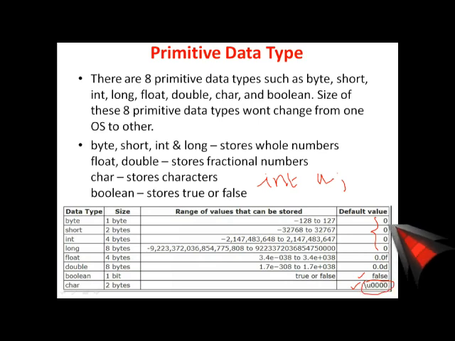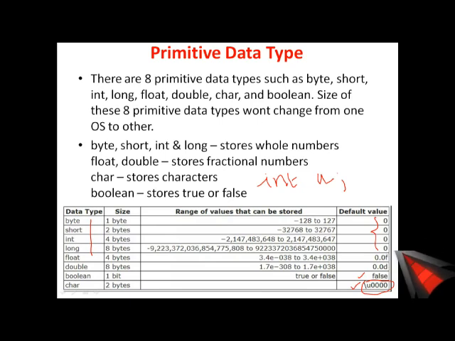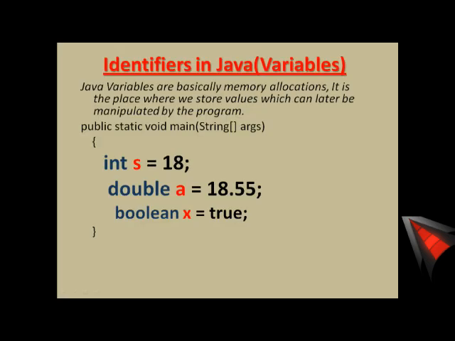Character has a default value of \u0000, that's a hexacode. And numerical values byte, short, int and long all have 0. Same as double, which has 0.0d, pointing as double. We sometimes write d, but if we want to omit d, that will work the same way.